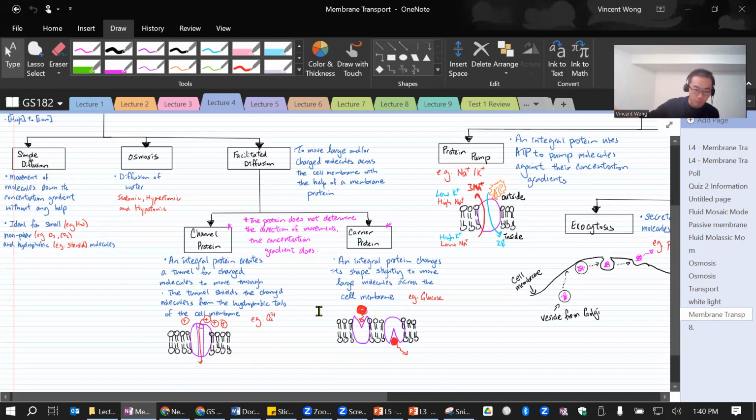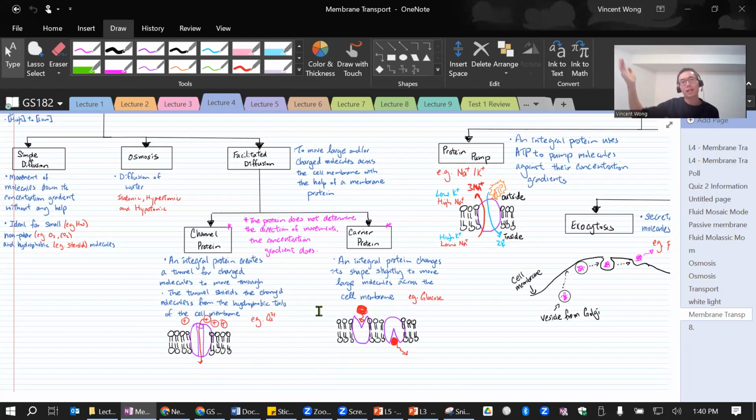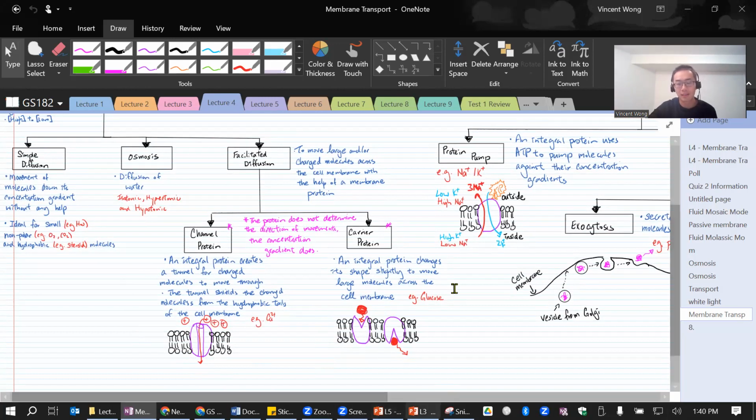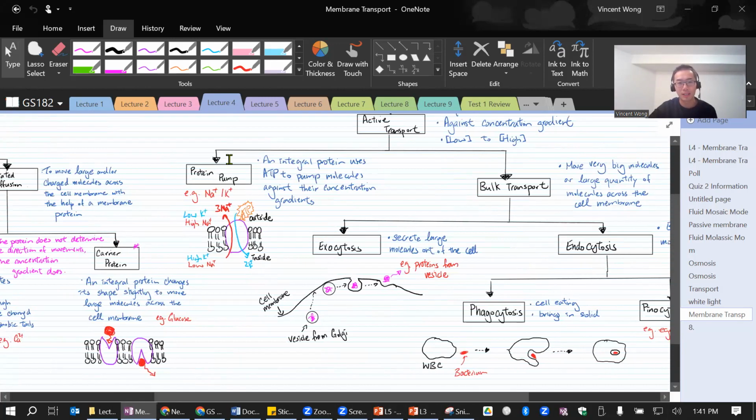I can ask you a bunch of questions from this chart. For example, select all of the active transport methods from the following list. And then you go, oh, active transport, let's go to here and check off all these things. Ideally, you should have memorized all these, but I'm not naive. I know some of you are just going to have the notes with you, which is totally fine.